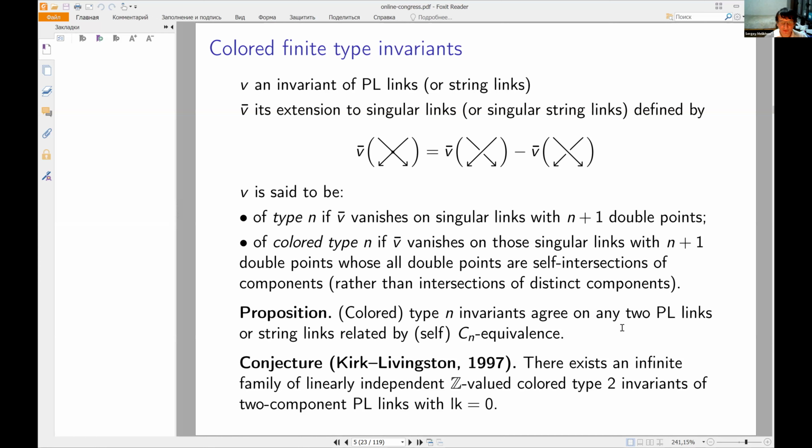The conjecture is that there exists an infinite family of linearly independent Z-valued colored type 2 invariants of two-component PL links with linking number 0. So this is something that cannot happen for usual finite type invariants. And I understand why they conjecture that. There is a lot of geometric evidence for this conjecture, but it remains unproved and also not refuted.